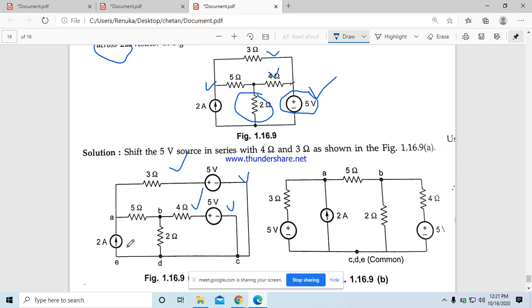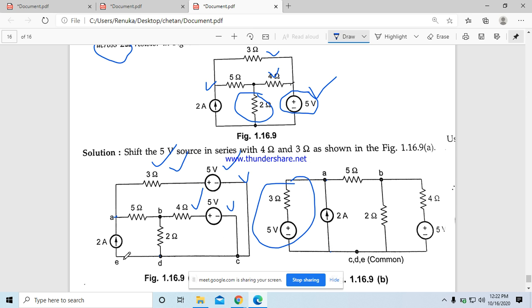Rearrange means what I have done here: this 5 volt and 3 ohm I have drawn here. Next, you can draw A and D, and this point you have connected.